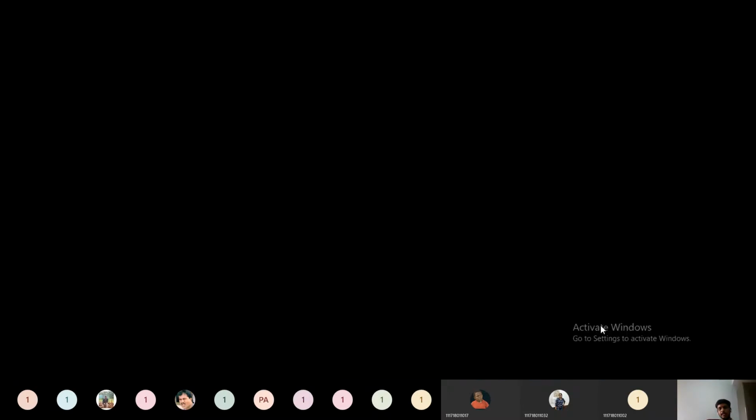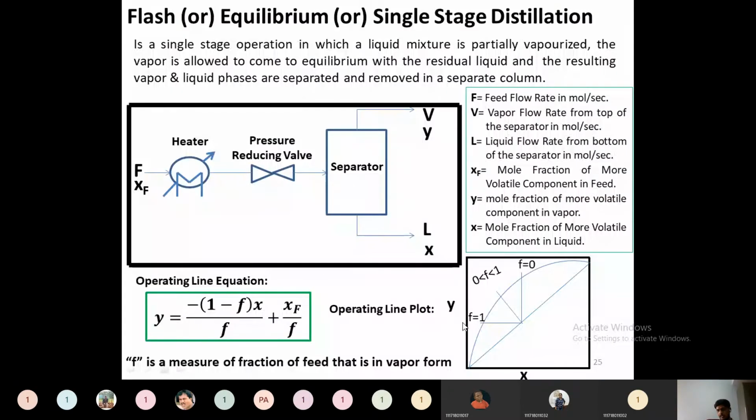In the PPT, the operating line equation and the operating line plot. This is for two extreme conditions, when f is equal to 0 and when f is equal to 1. In between values, you will get from 0 to 1. These operating line equations will come in between these two extreme cases. So you can refer to this for quick reference. I have given it in the PPT. If you have any doubt, you can just ask me. Otherwise, we will just solve the problems.